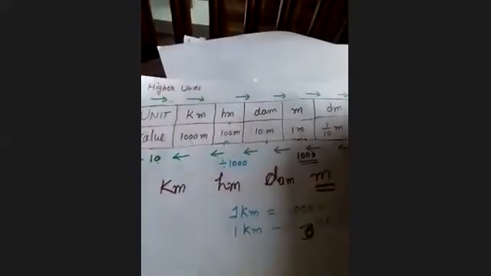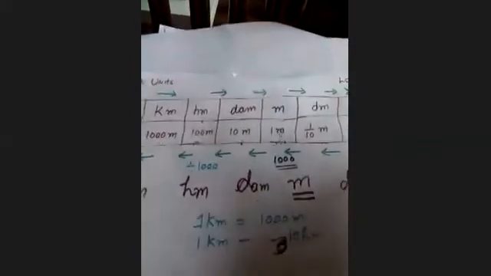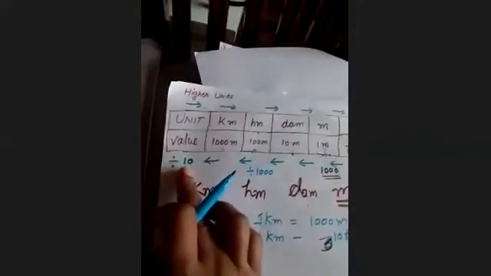Clear? When we convert higher unit into lower unit, multiply by 10 for each box. When we convert lower unit into higher unit, divide by 10 for each box. Clear, students?